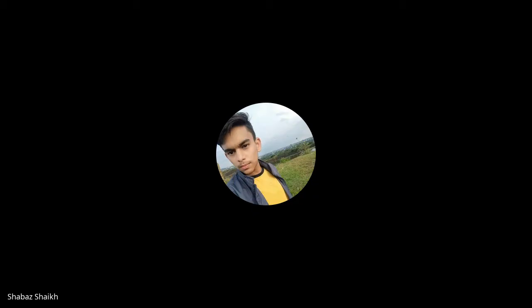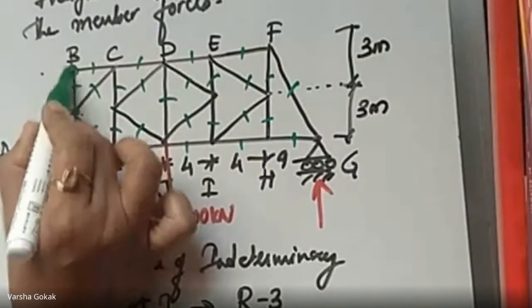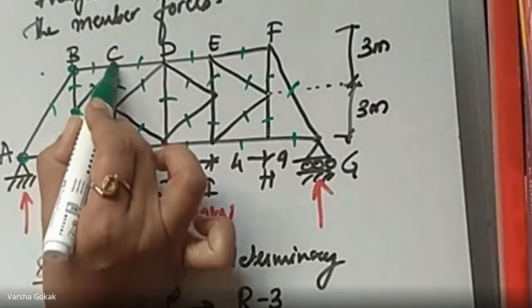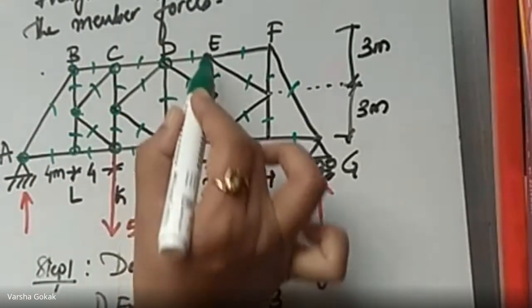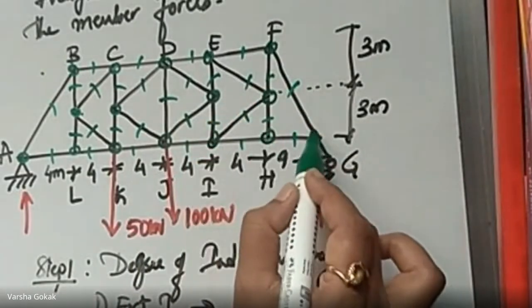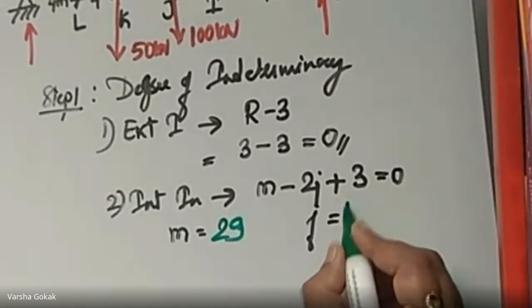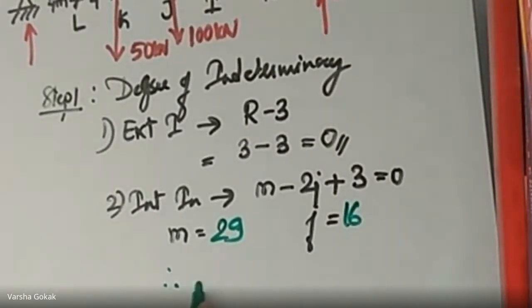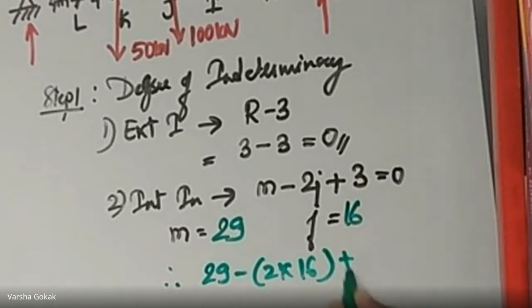How many? 16. I'll count. 1, 2, 3, 4, 5, 6, 7, 8, 9, 10, 11, 12, 13, 14, 15, 16. So the number of joints is 16. Let us substitute: 29 minus 2 into 16 plus 3.